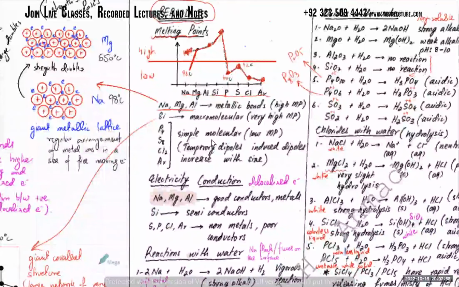So how many electrons does it need? 1, right? Wait, sorry, I was looking above. How many electrons does a group 17 element need? It needs 1, right?